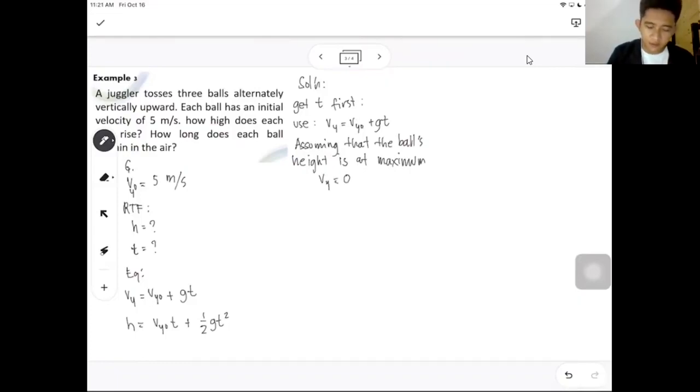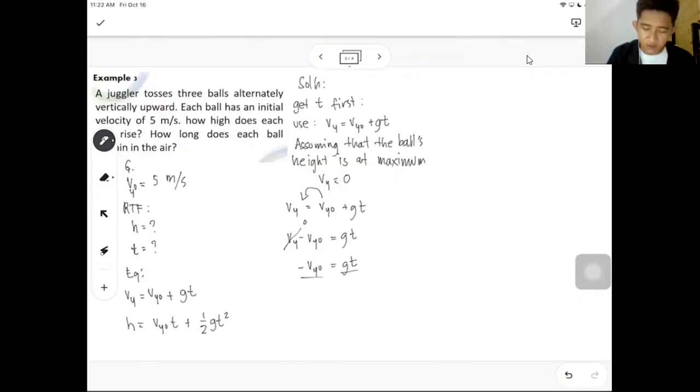So we have vy is equal to vy sub 0 plus gt. So we can transpose and have vy minus vy sub 0 is equal to gt. Since the final velocity is equal to 0, we can remove this one. So we have now negative vy sub 0 is equal to gt.